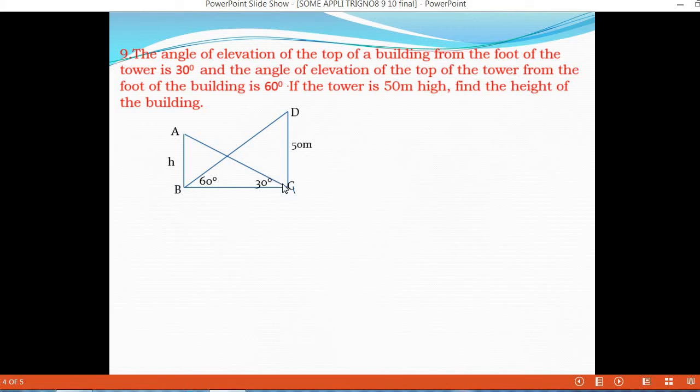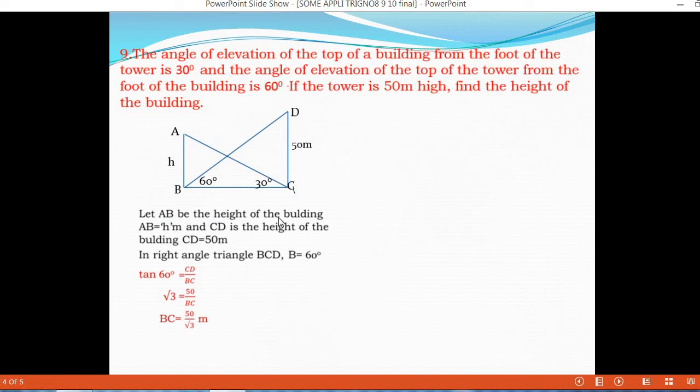Here, the angle of elevation of the top of the building from the foot of the tower, this AB is nothing but the height of the building.